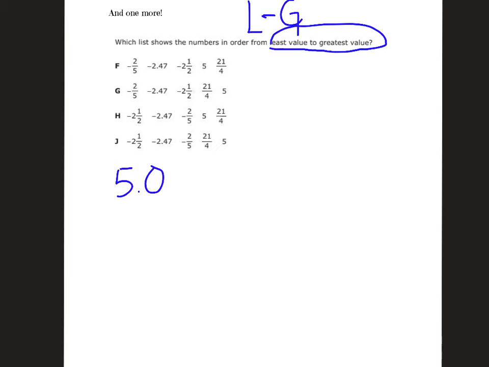So we have 5, negative 2/5. Okay, well, 2/5 is a benchmark fraction. So 1/5 would be 2/10, and 2/5 would be 4/10. But it's a negative 4/10.